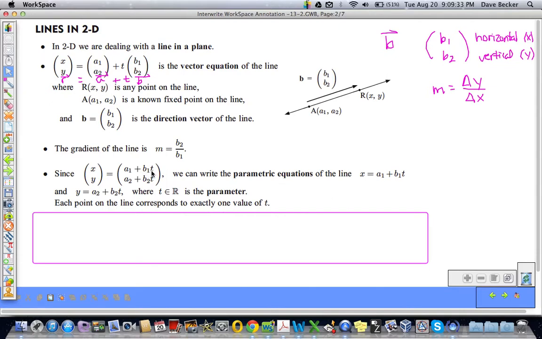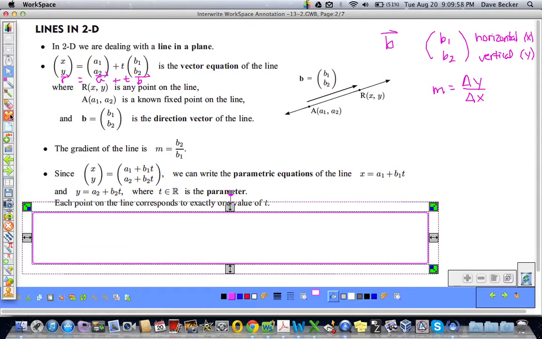The parameter, it's like a multiple, and this is why it's called parametric equations, because of this parameter. Sounds really complicated, but it's not. We can get our x coordinate using this, a1 plus b1t, and our y coordinate equal to a2 plus b2t right here. And each point on the line corresponds to exactly one value of t. That becomes important in a second.